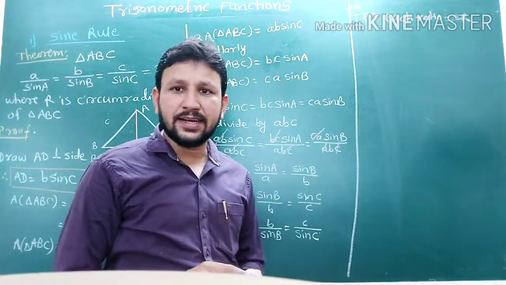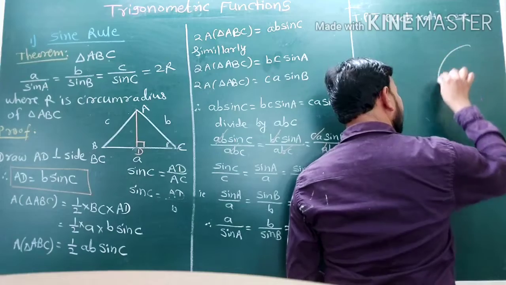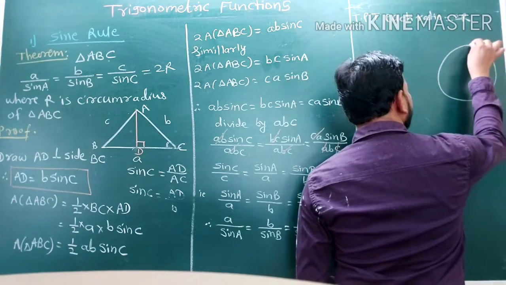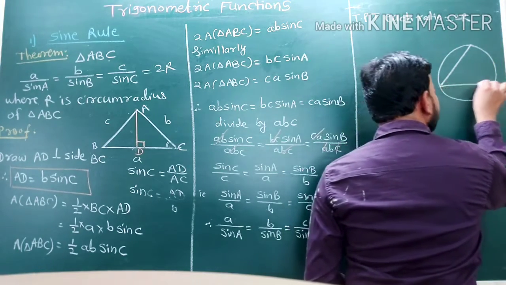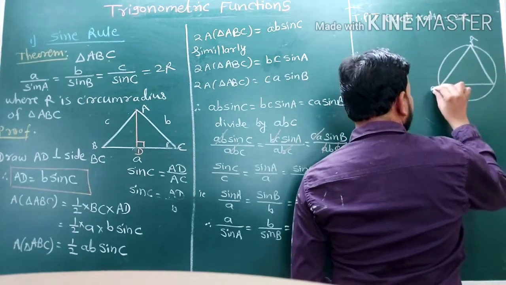Let us consider a triangle ABC again, but the triangle ABC is taken inside the circle, that is, the circle circumscribes the triangle. The triangle is ABC as it is.